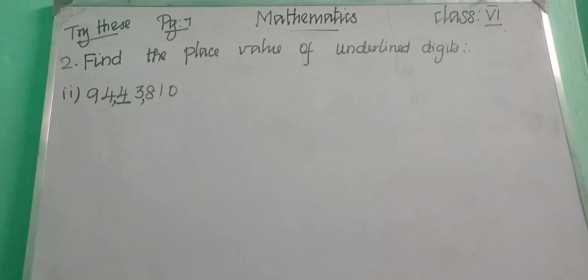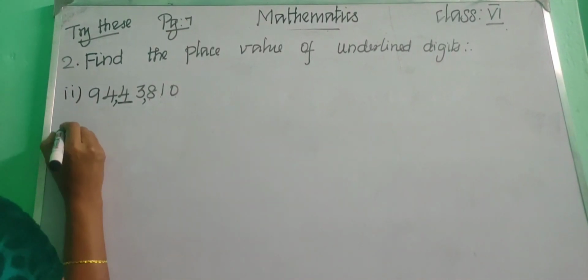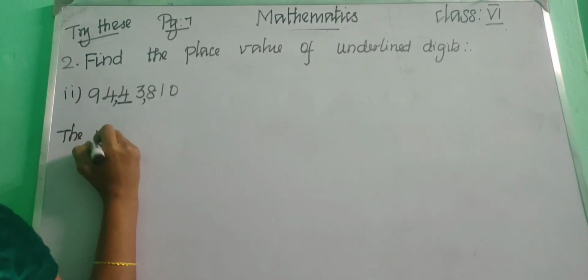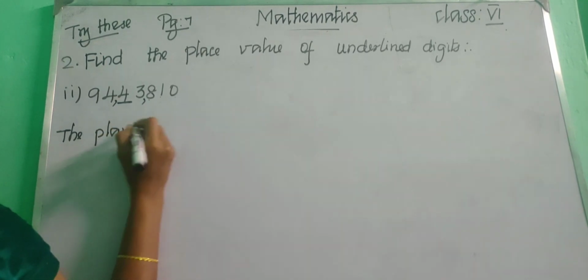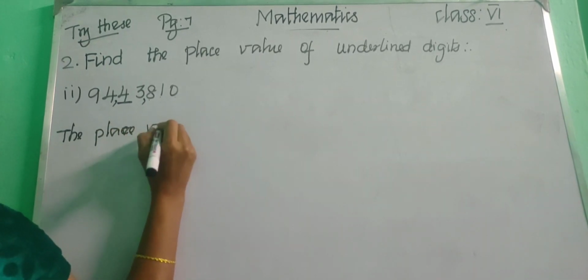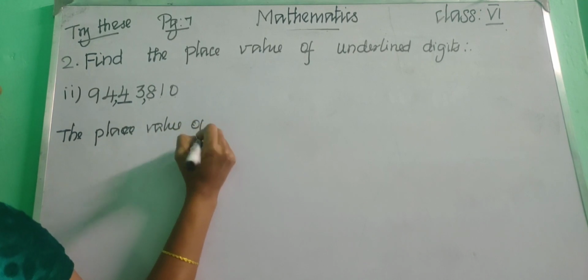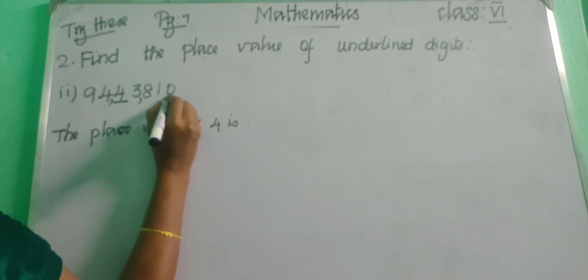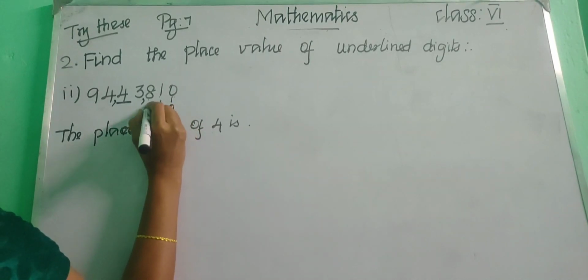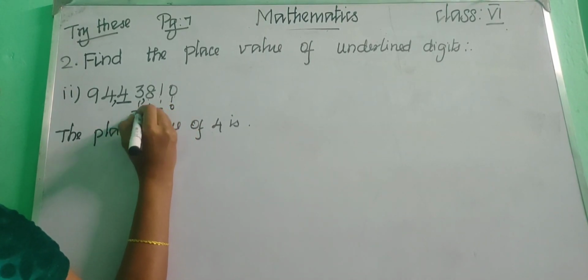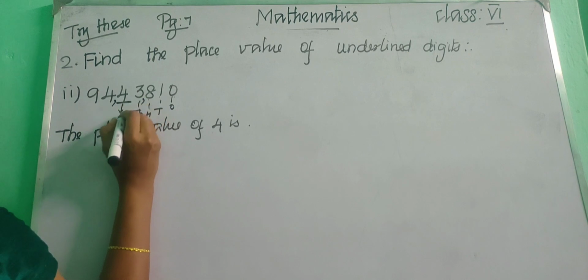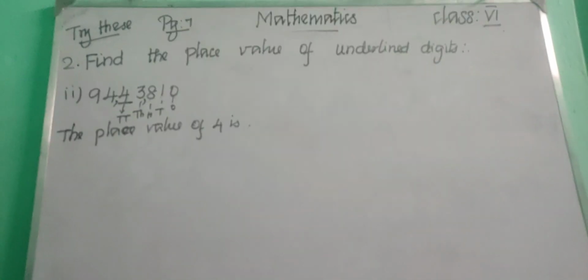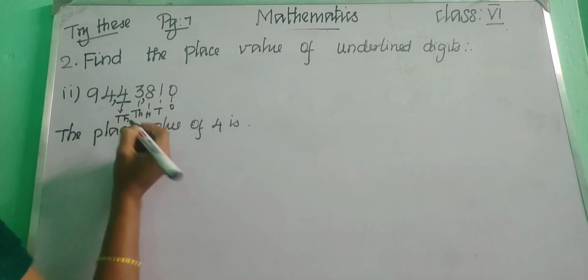After that, just write the place value. The place value of 4 is... Let us write: ones, tens, hundreds, thousands and then 10,000. So it is in the place of 10,000s.